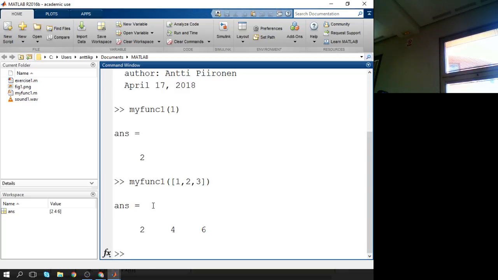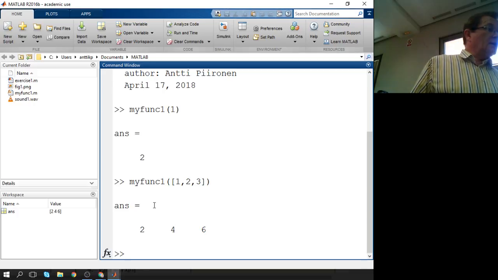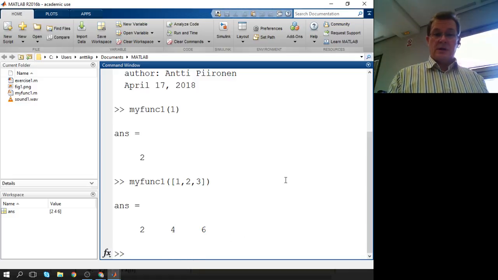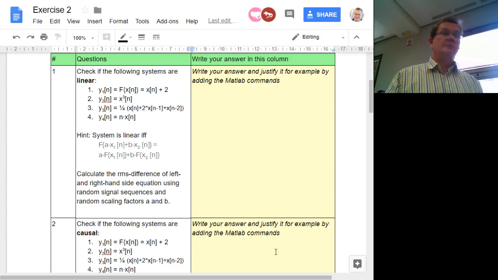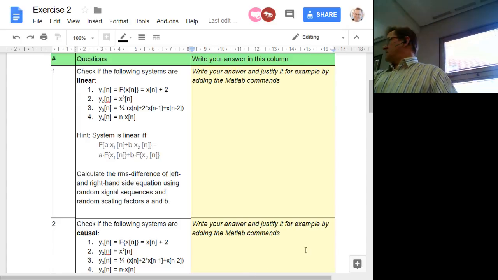Is the system 2 times x linear? So that's the simple system. In the exercise, there are actually 4 systems. So you need to make 4 different functions that return those values.